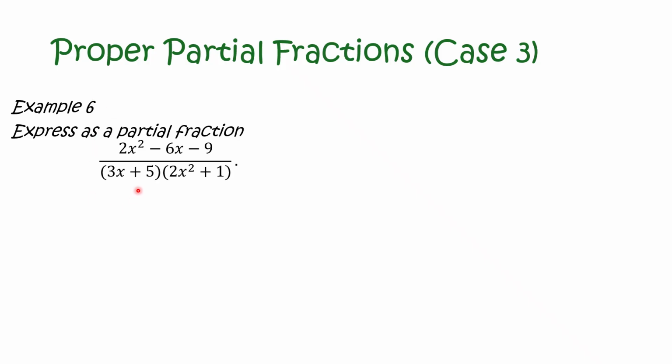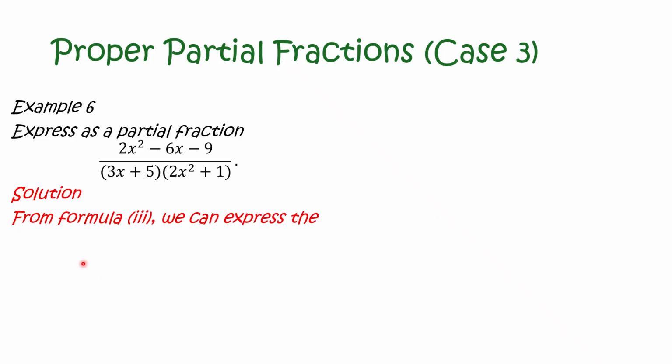So we are going to use the same logic we used in example 5. So we have expressed as a partial fraction (2x squared minus 6x minus 9) all over (3x plus 5) times (2x squared plus 1).